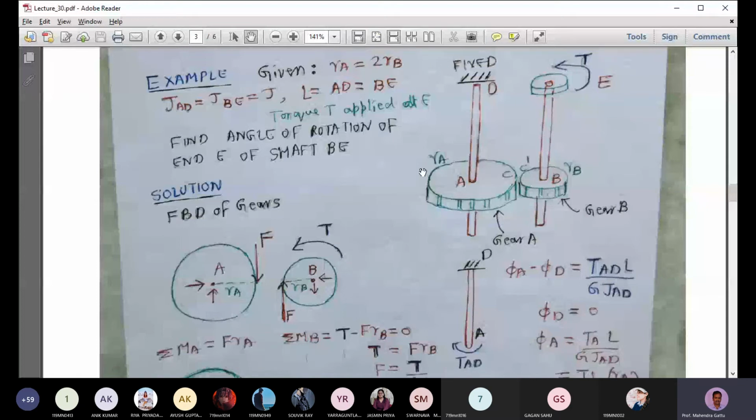If the radius is 3 times RB, then the torque produced in the shaft will be 3 times T. Or if RA by RB is 4, then the torque will be 4 times T. So depending on the radius of the gear, we are able to produce a larger torque on this shaft. So the torque is T RA by RB, and RA by RB is 2, so it is 2 times T. That is the torque in this shaft AD.